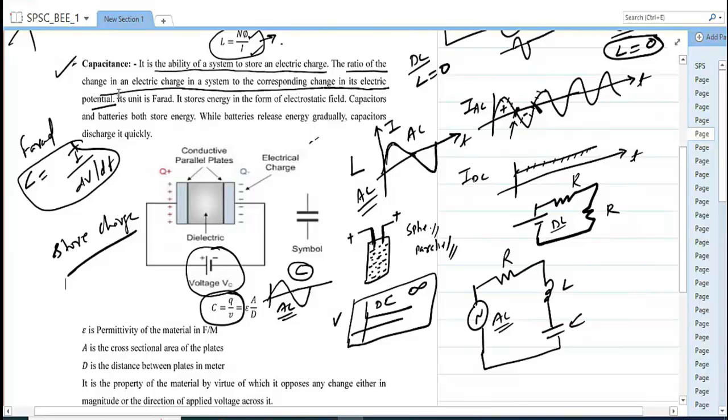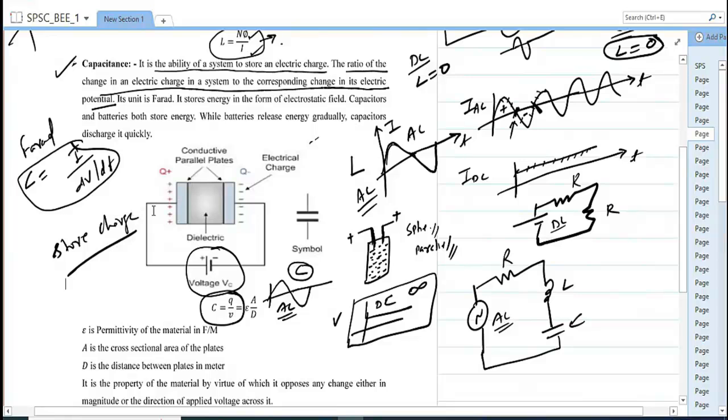Another definition based on physical property: its unit is farad. It stores energy in the form of electrostatic field. Capacitors and batteries both store energy, while batteries release energy gradually and capacitors discharge it quickly. So what is the difference between a battery and a capacitor? A battery can release the energy gradually and a capacitor can discharge the energy quickly.